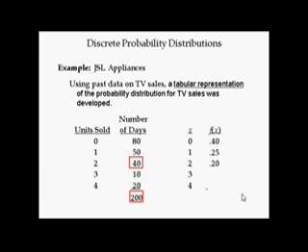F of 2, or the probability the store sells 2 TVs, is 40 divided by 200, which equals 0.2. F of 3, or the probability the store sells 3 TVs, is 10 divided by 200, which equals 0.05. F of 4, or the probability the store sells 4 TVs, is 20 divided by 200, which equals 0.1. Notice that all of the probabilities are between 0 and 1, and their sum equals 1.